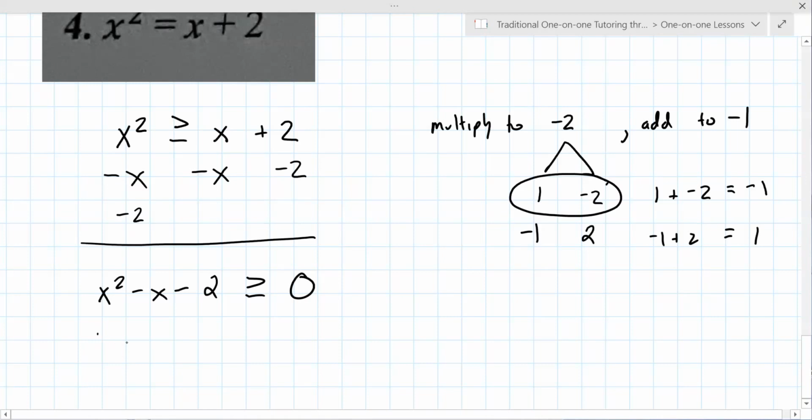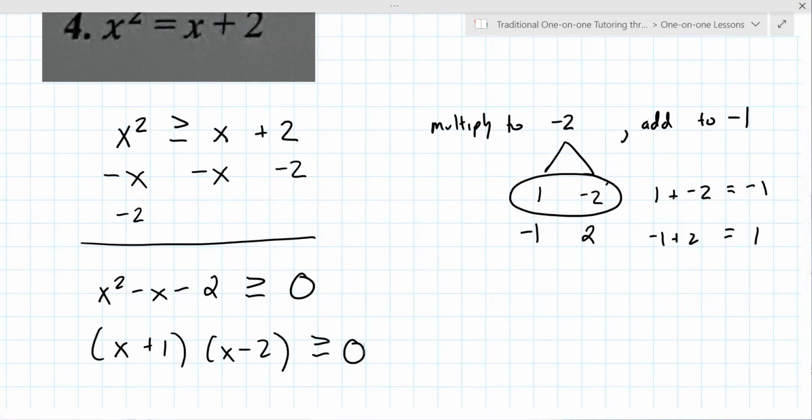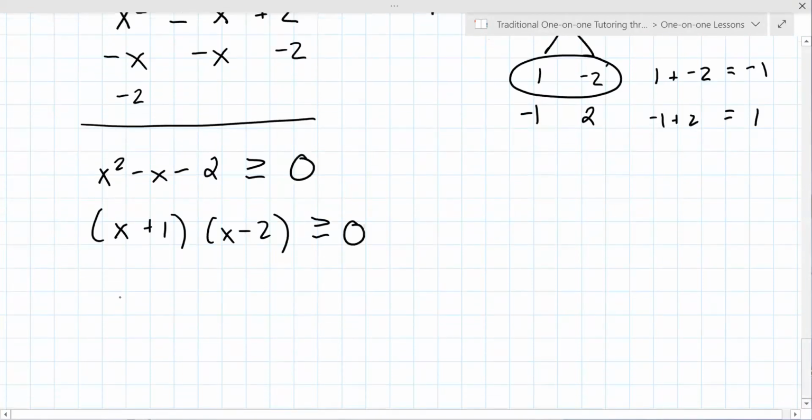So this becomes x plus 1, x minus 2 greater than or equal to 0. You set each of these equal to 0. Could you give me the x values for each one?